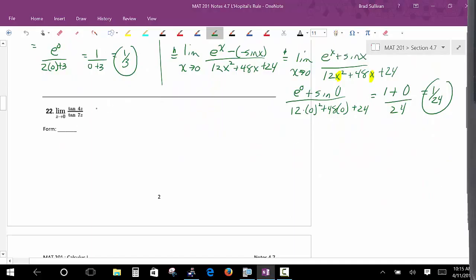So first of all, let's go ahead and plug in. So we have tangent of 4 times 0 over tangent of 7 times 0. Okay, so this is going to be the tangent of 0 over the tangent of 0. Now, what's going on with this?